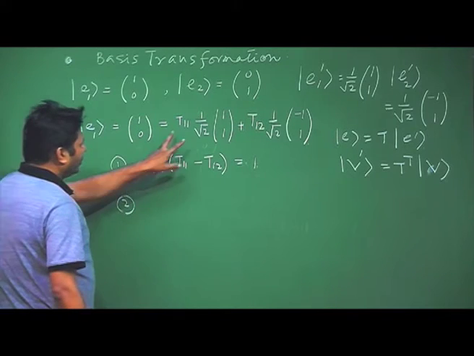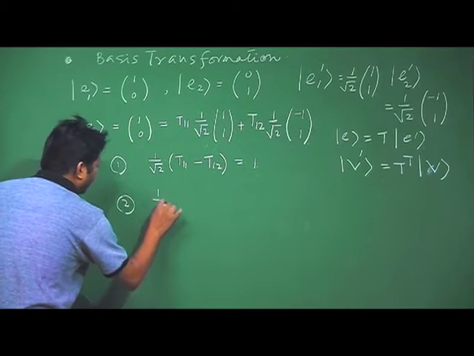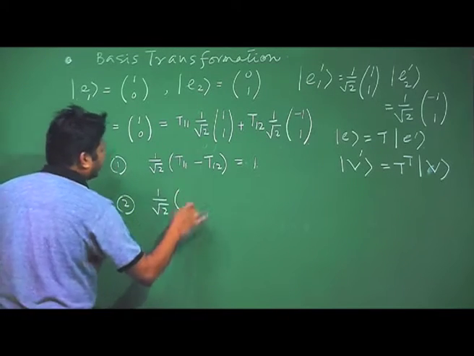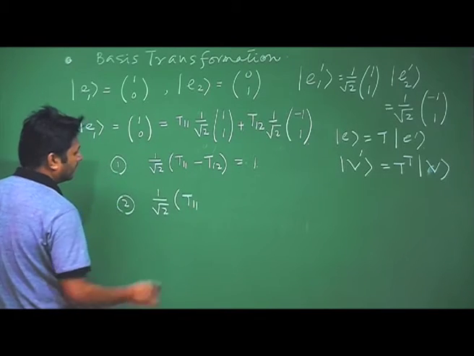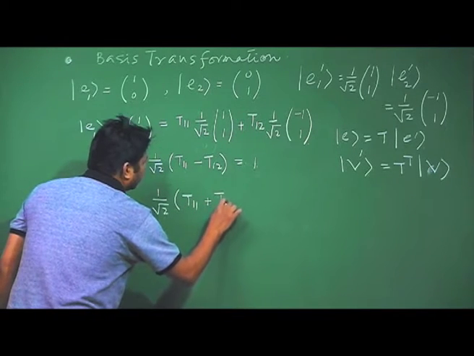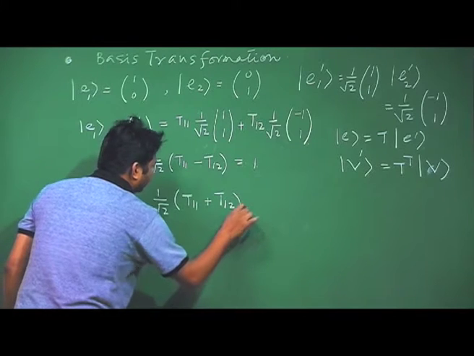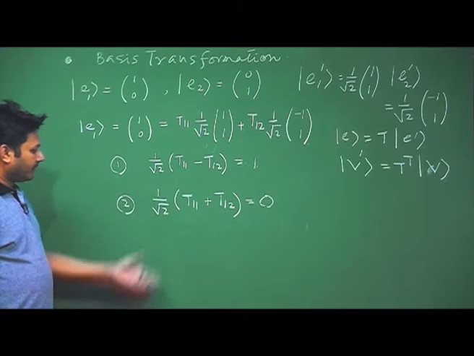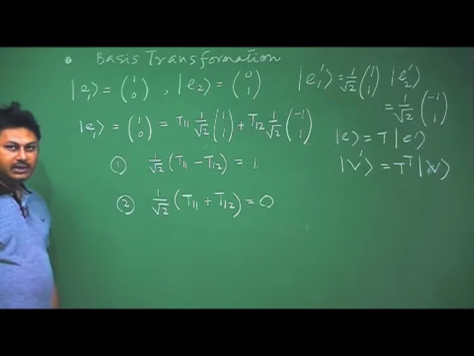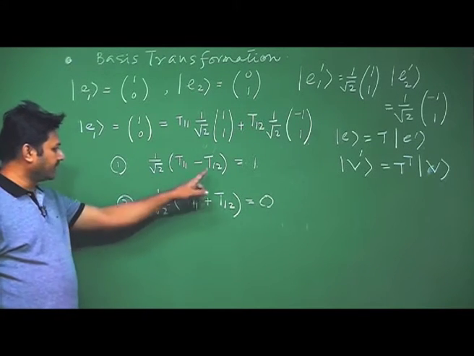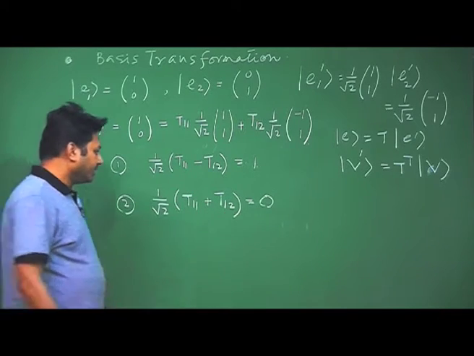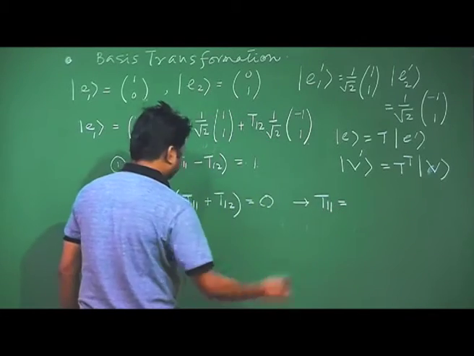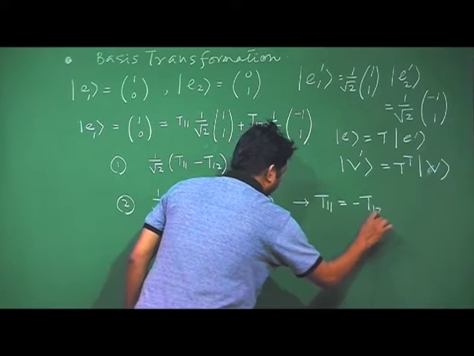My equation 2 will be something like 1 by root over 2, again I can take it common, T11 plus T12 is equal to 0. From these equations I can solve easily and I can figure out what is my T11 and T12. From the second equation I can readily have the information that T11 is equal to minus of T12.